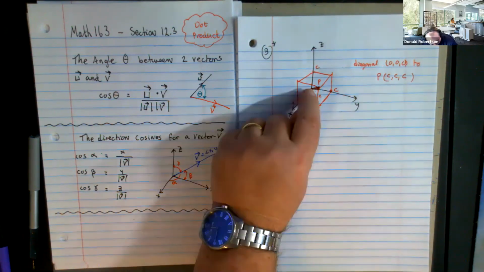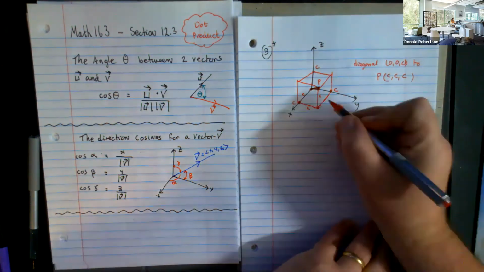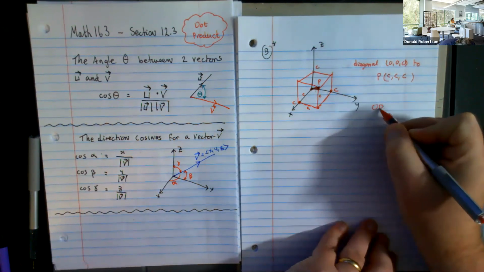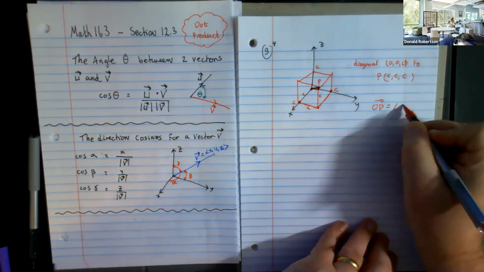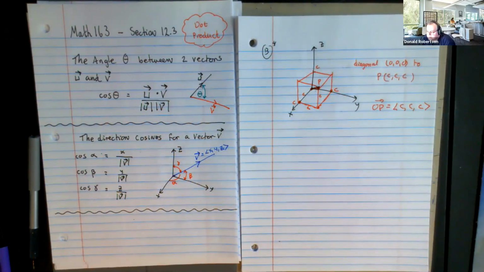And I'm picking the other one as the origin because that's an easy number, right? 0, 0, 0. So the diagonal is going to be the vector OP, which ends up being a very nice vector, C, C, and C. Are you okay then that the vector from the origin to P has components C, C, C?